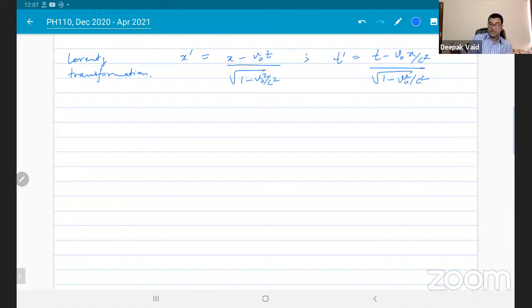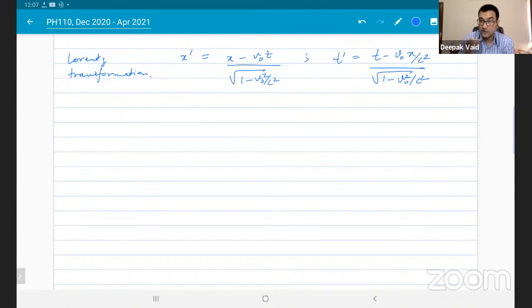So what it is saying is that, right, if you want to go from one frame of reference to another frame of reference, how should you translate the coordinates? The coordinates should be translated according to this dictionary. Okay.